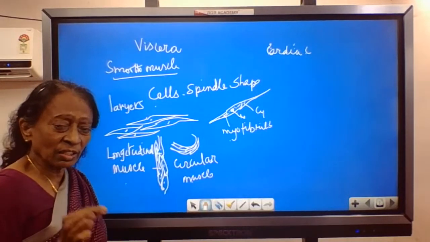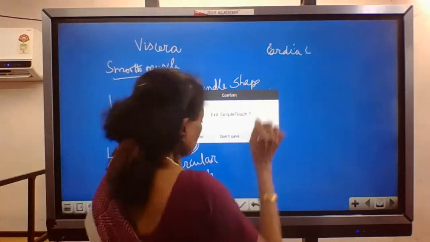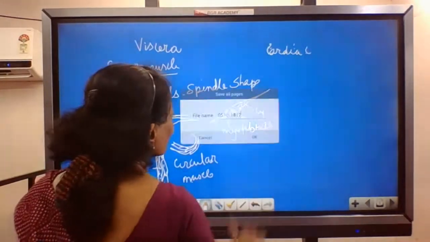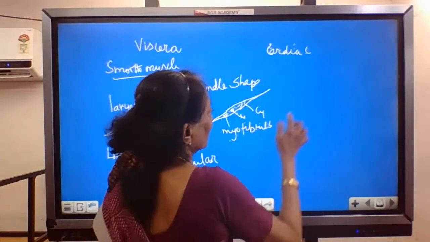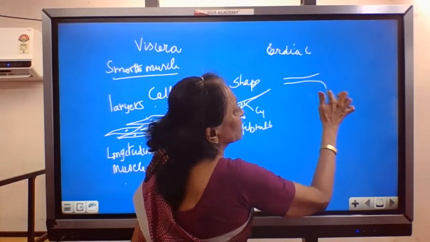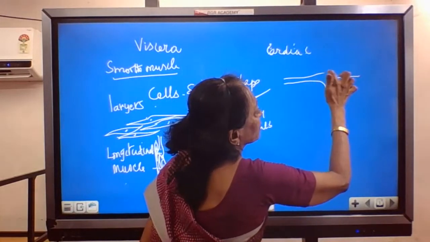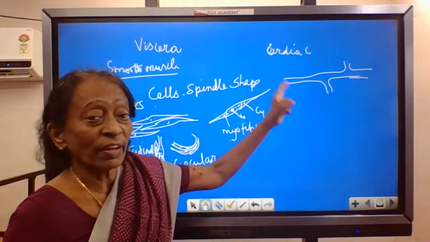But each cell of a cardiac muscle is a fiber, a long thread-like structure. Now each one is a long thread. The thread has got a number of branches, not a simple thread like this. This is a cardiac fiber.